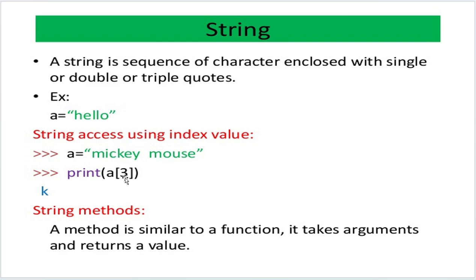So if you provide A of 3, 3 is the subscript value. A of 3 means we are going to access the K which is present at the third index. So K will be printed since it is given inside this print statement. Whatever character you want, you can access it using the index value by using this subscript value.